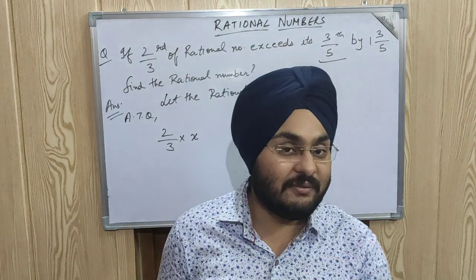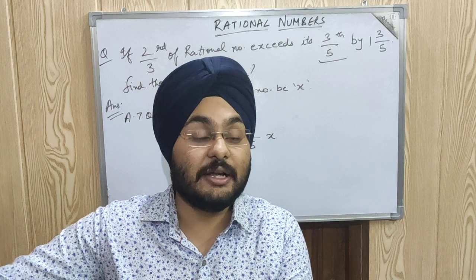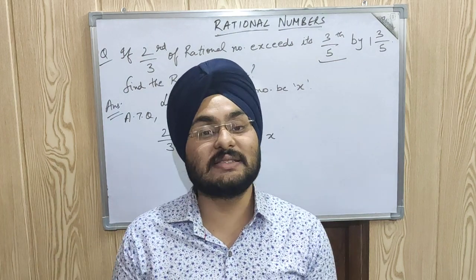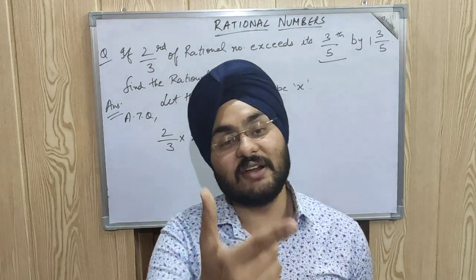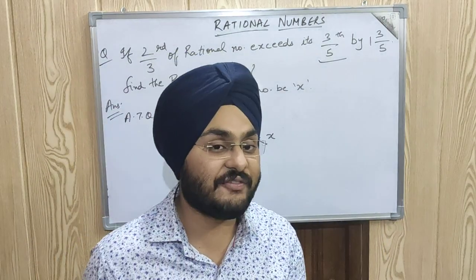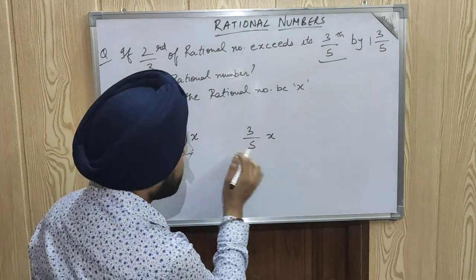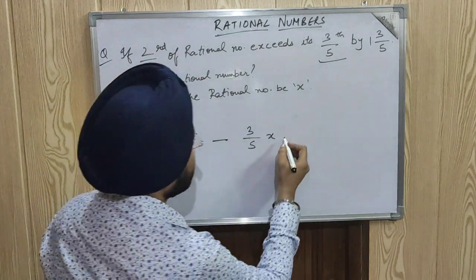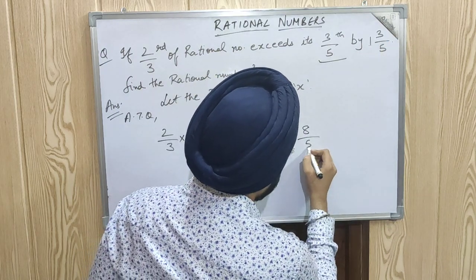I am saying 5 exceeds 3 by what? It means the same, 5 exceeds 3 by 2. So you have taken the difference, you have subtracted the things. So I am saying 2 by 3x minus 3 by 5x will be equal to 5 into 1, 5, 5 plus 3, 8 by 5.